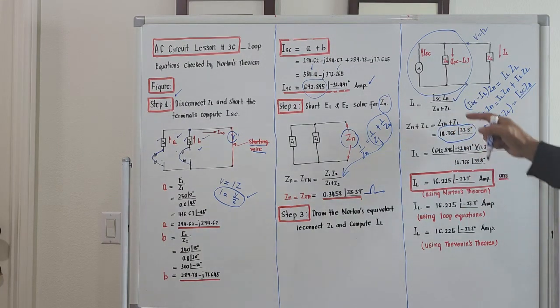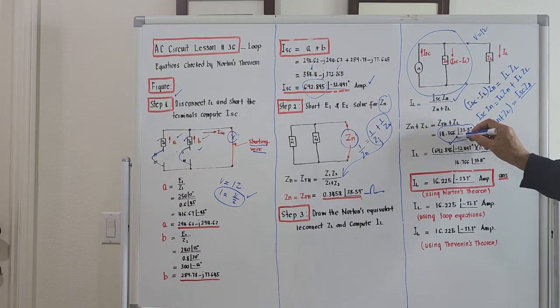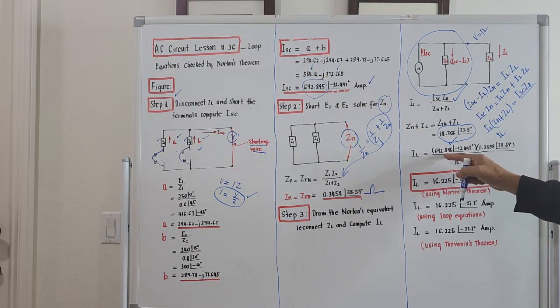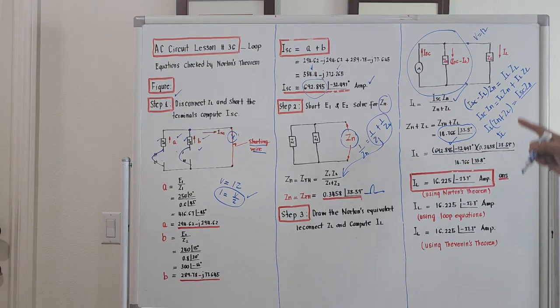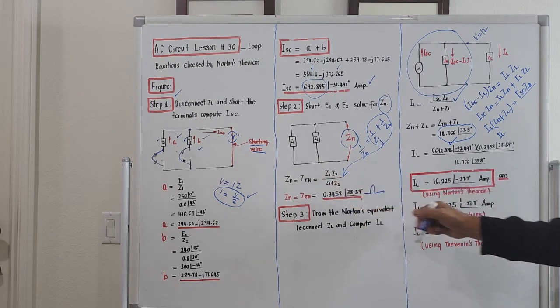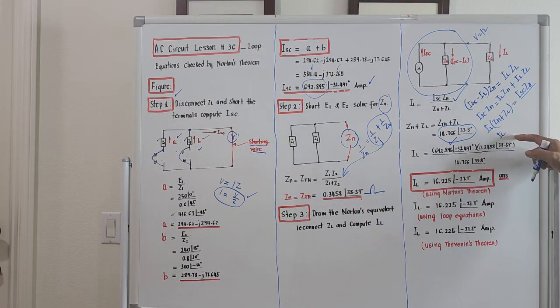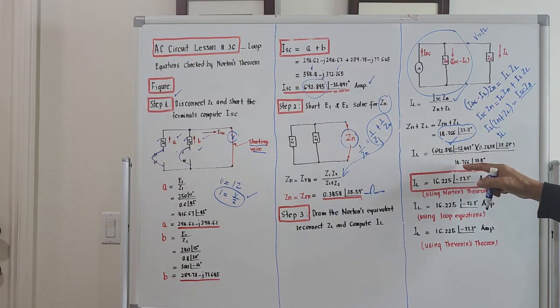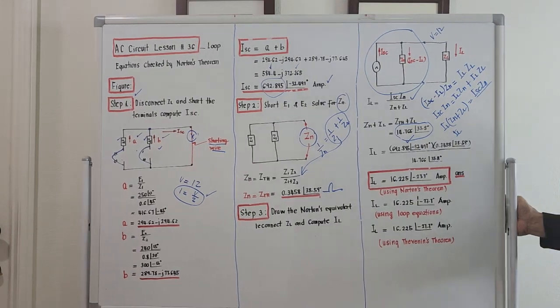So I sub L now, using this equation, should be the short circuit current, the almost 693 amperes, times the value of Z sub N. Z sub N is the same as ZTH, Thevenin's, 0.3458 angle 38.59, all over the sum of Z sub N plus Z sub L, which is 14.766 angle 33.8 degrees.